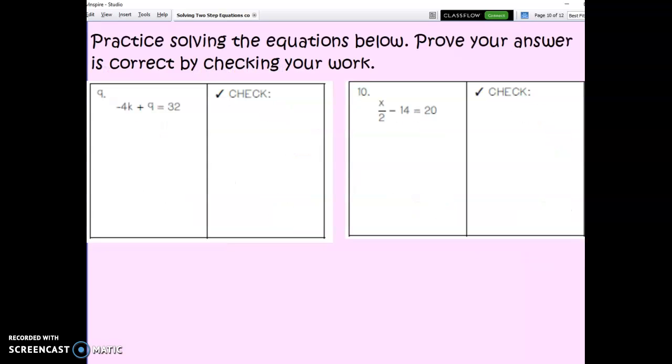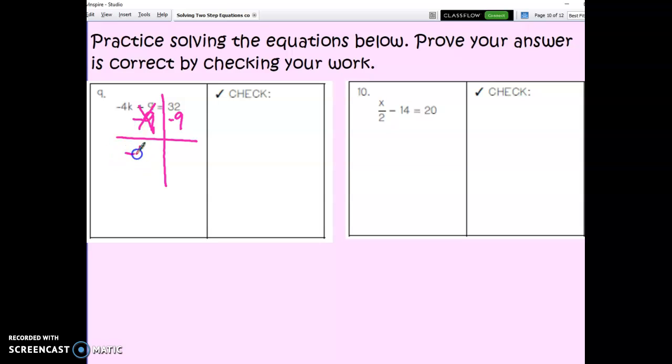Now we're going to solve equations that have positive and negative numbers. Okay, we haven't had very many up until this point. All right, so first things first, I'm going to draw my line. Then remember, our first step is to always add or subtract using inverse operations. So I have plus 9 right here, which means I'm going to subtract 9 from both sides.